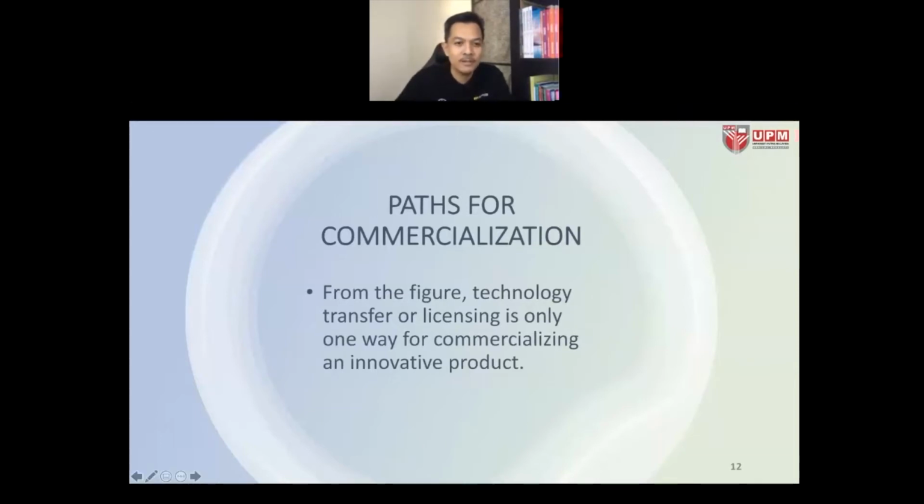I've already mentioned the example of technology transfer, where University Putra Malaysia sells the IP to a company, and another example of University Putra Malaysia giving a license. They license a product to a company, right? So let us look into the other one.